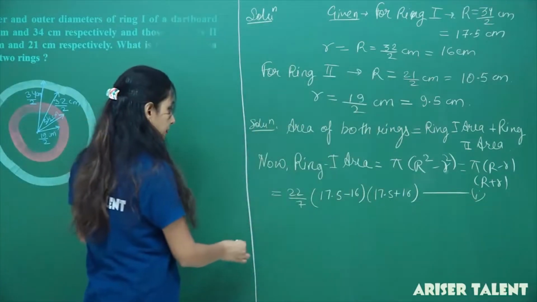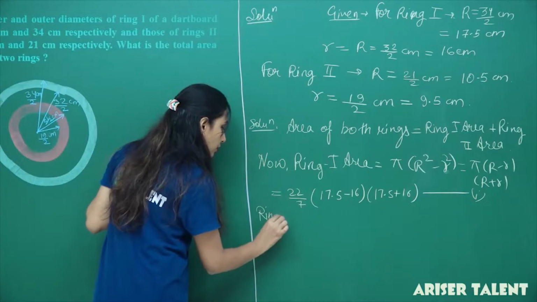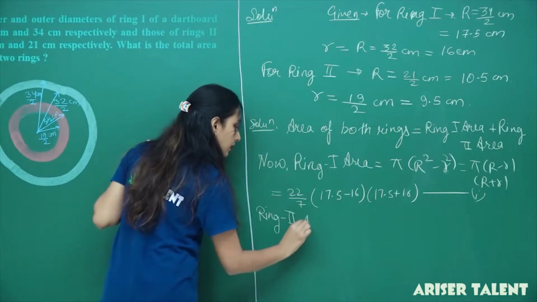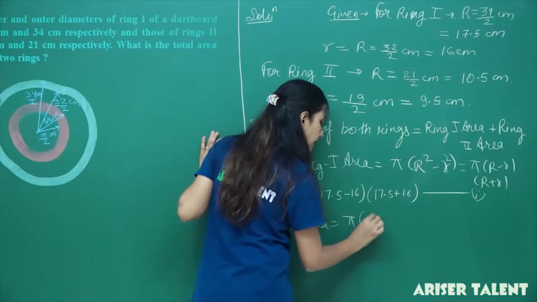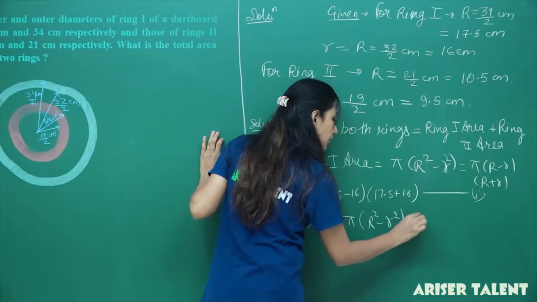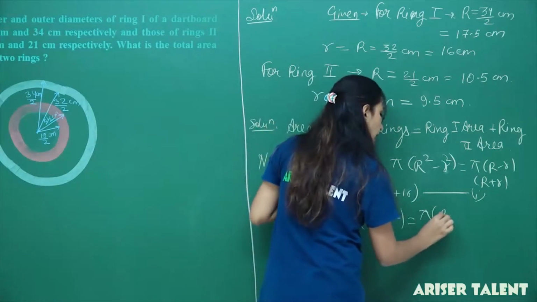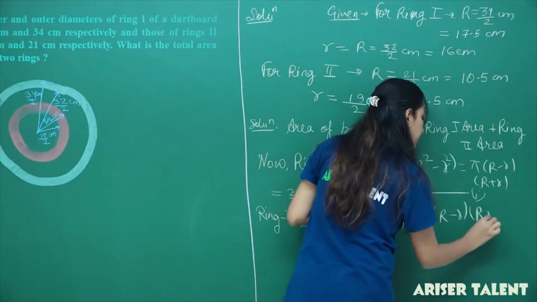Now the second equation. Ring second area is equal to what? Pi R square minus r square equals pi (R minus r)(R plus r).